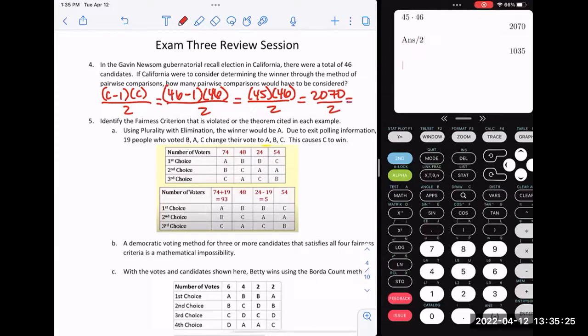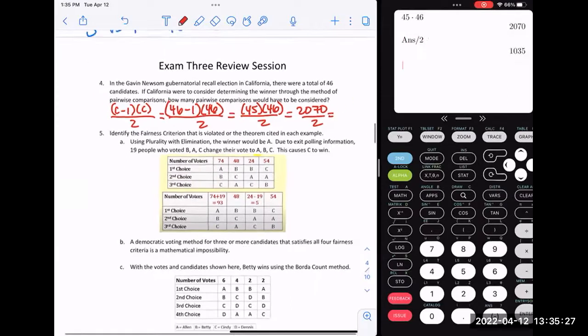So you can imagine we would not want to go through the work of doing that 1035 pairwise comparisons. So having to do A versus B, A versus C, A versus D, do that 1,035 times. Questions on that one?